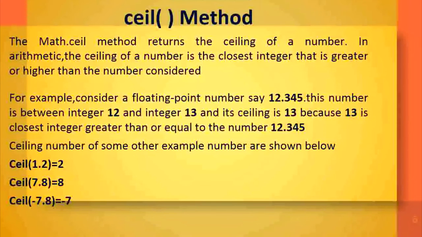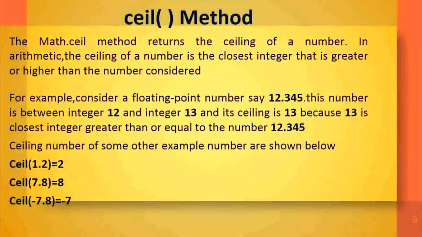Let us take one more example. Considering a number as minus 24.56. As this number is negative, it is between minus 24 and minus 25. With minus 24 being greater, the ceiling of minus 24.56 is minus 24, as minus 24 is greater than or equal to minus 24.56.